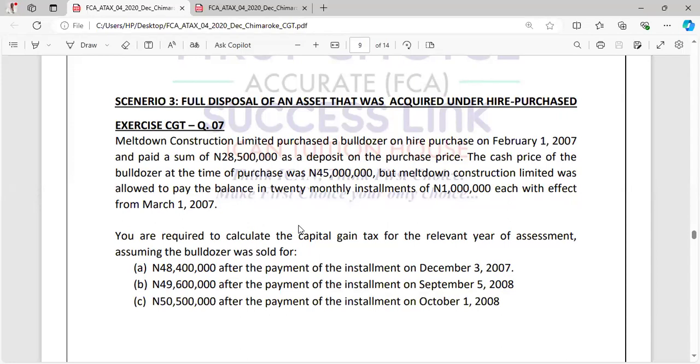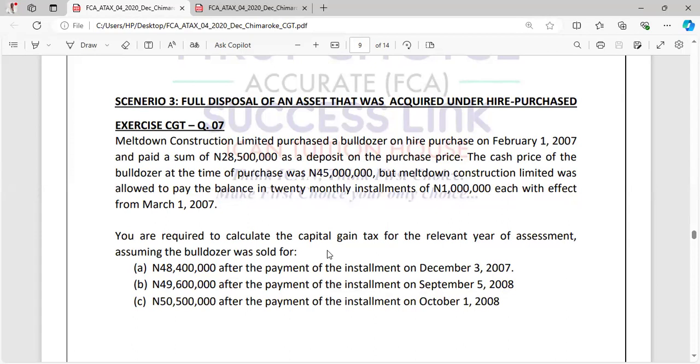Let's look at one example here, which is example 7. Meltdown Construction Company purchased a bulldozer on hire purchase on February 1, 2007 and paid a sum of 28,500,000 naira as deposit on the purchase price.